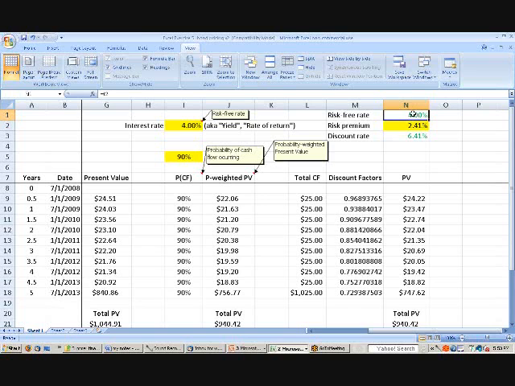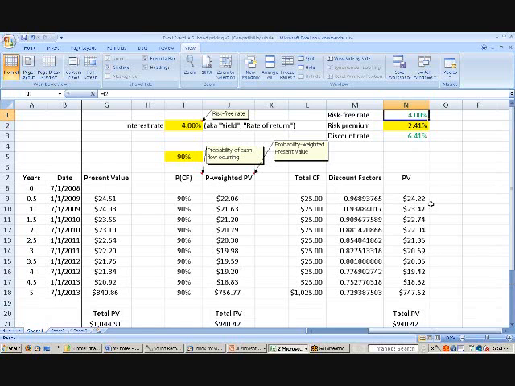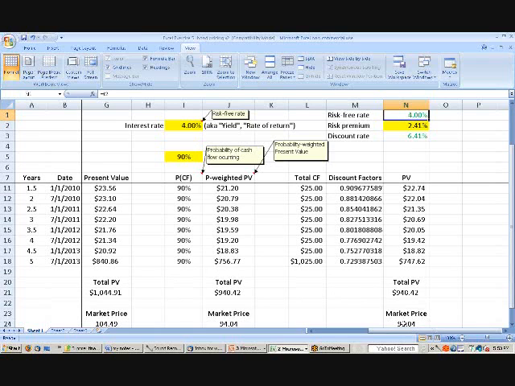So now they've got a risk-free rate, they've got a present value and a market price. One last thing they're going to do is take the market price and calculate the corresponding yield. Really simple to do.